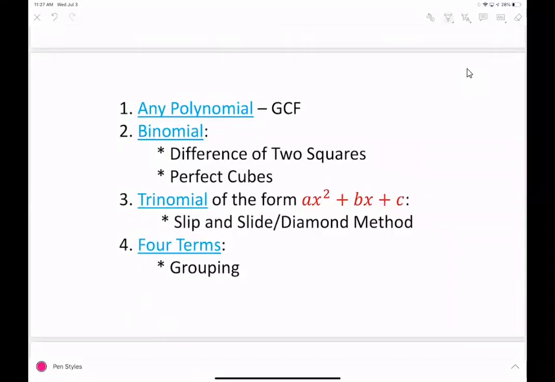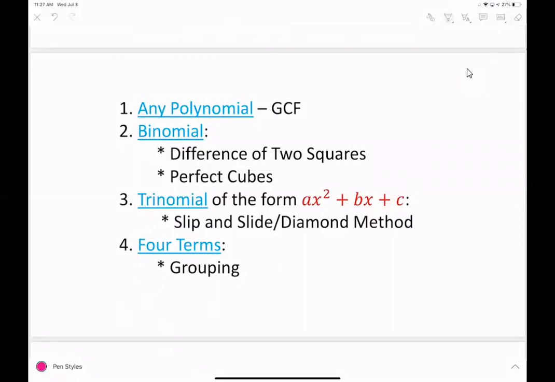Once you check for a GCF, if it has a GCF, remove the GCF by factoring. Then you need to determine with what you have left, do you have a binomial, trinomial, or four terms? If it's a binomial, you want to see if it might be a difference of two squares or a perfect cube.